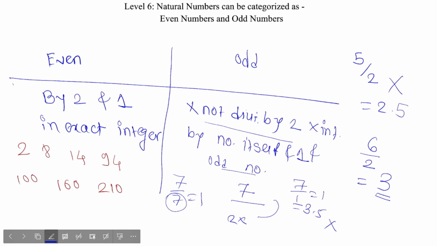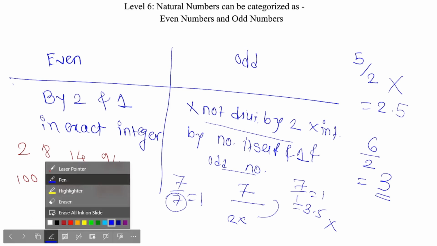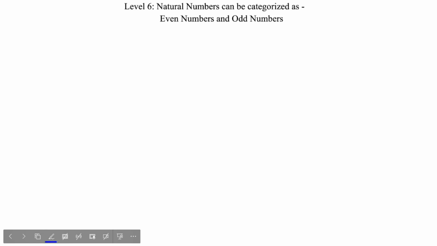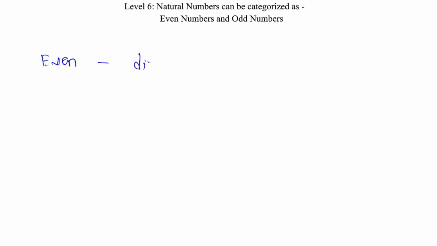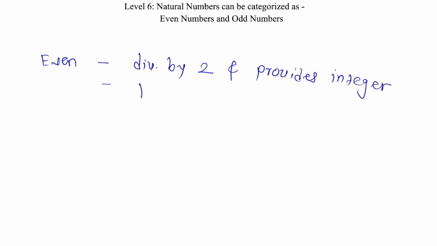So we can say that even numbers are numbers which are divisible by 2 and provide an integer as a result, and also divisible by itself and 1. And what is an odd number?